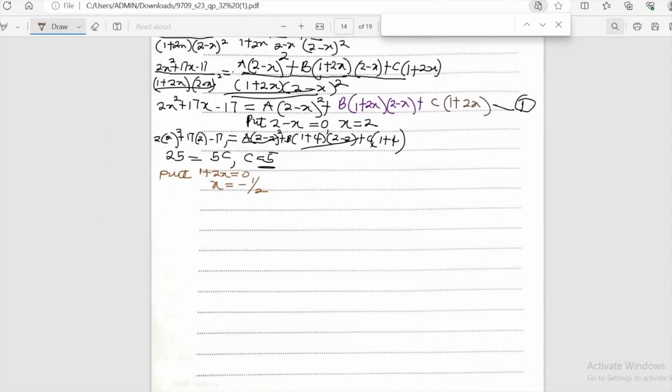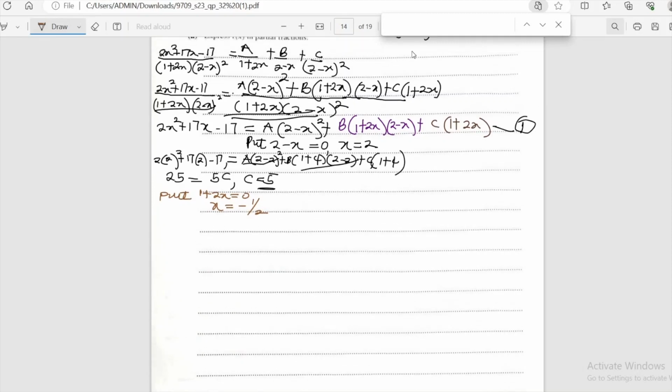You repeat the same process again. Substitute x equal to minus half into equation 1. Now I'm dealing with x equal to minus half.